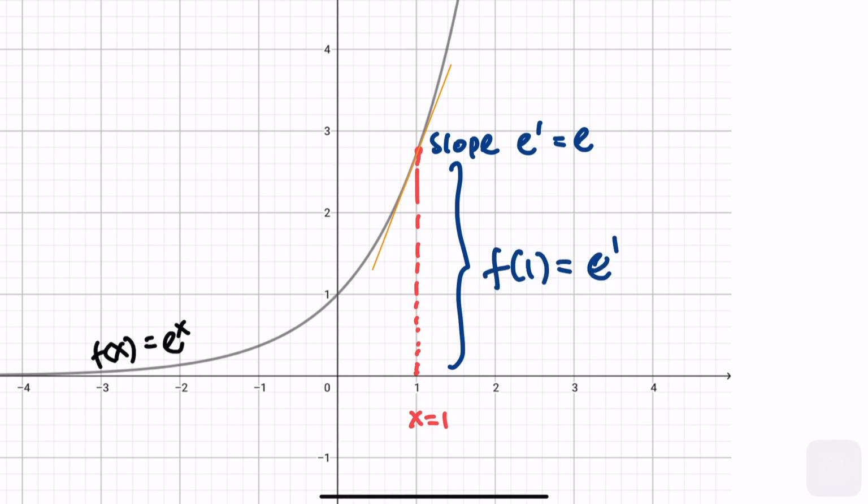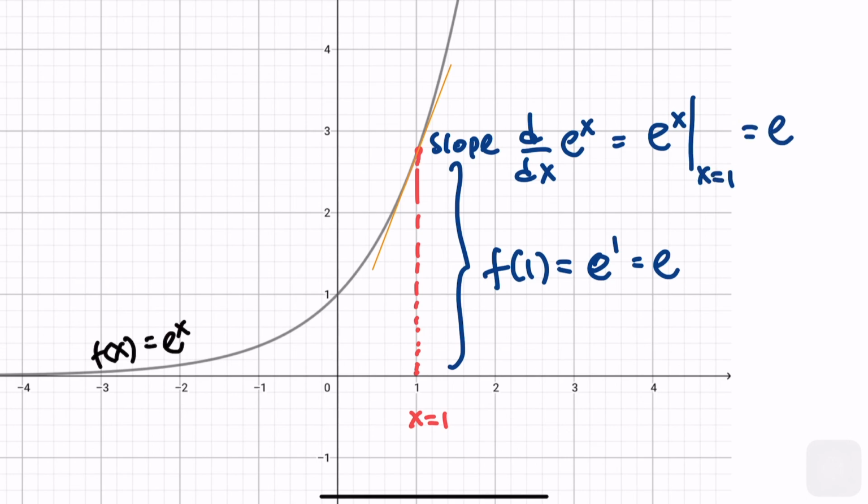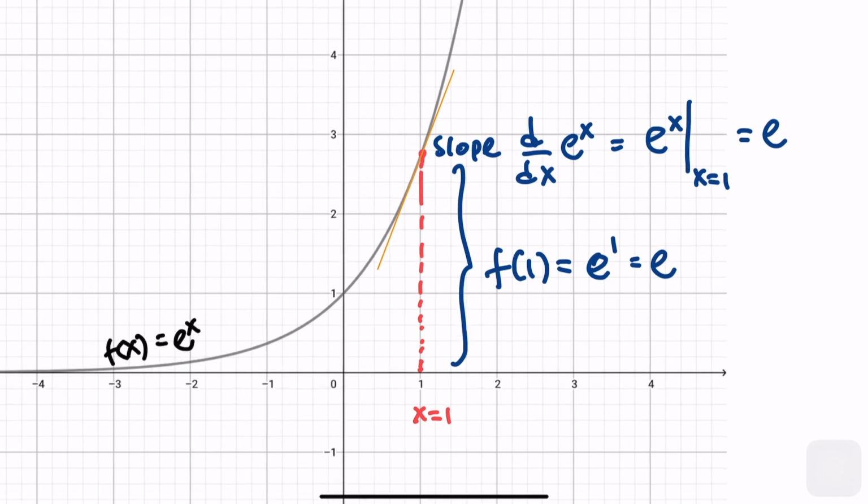The slope at x equals 1 is also e. That's how it is, and why e is unique and important.